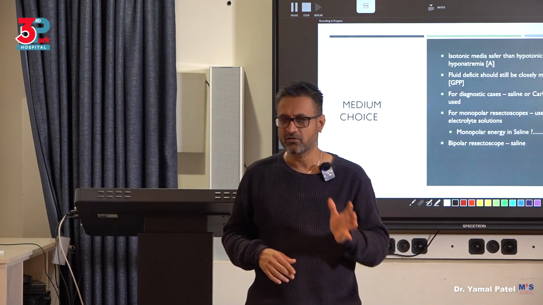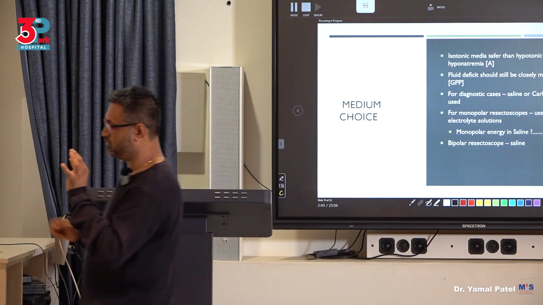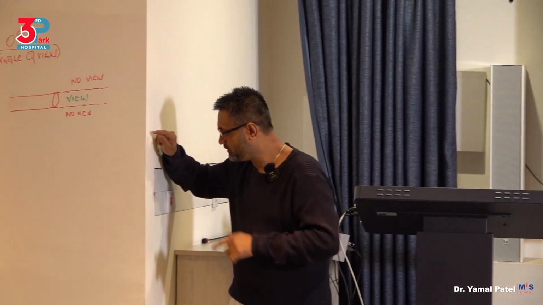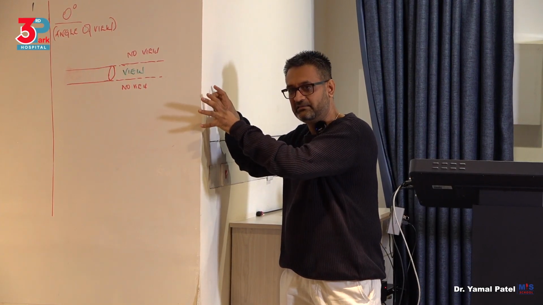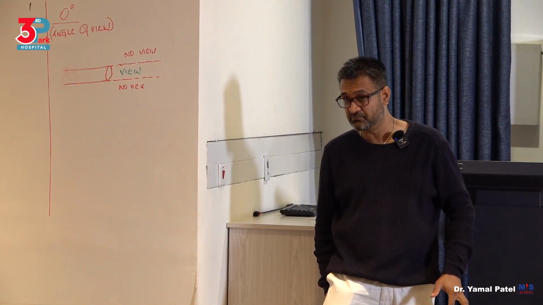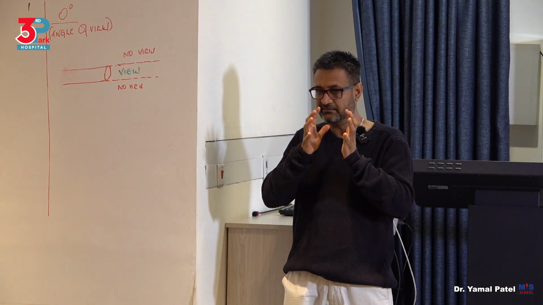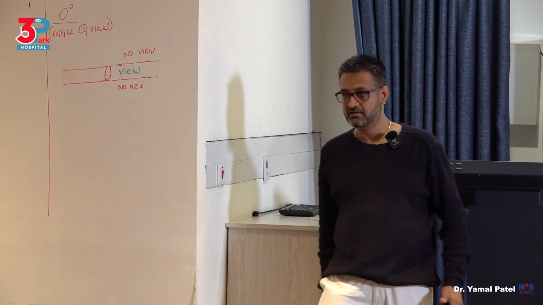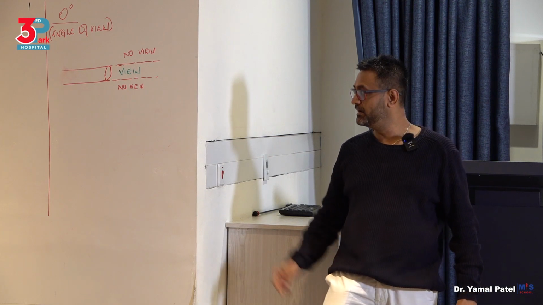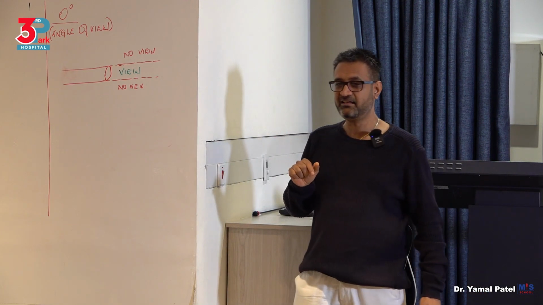Why? Because for you to cause a burn with monopolar, you have to concentrate your energy into one spot, and then it goes there and it burns. And then this is the return plate, where the same energy is dissipated across a big surface area. Big surface area, no burn. Small surface area, burn.